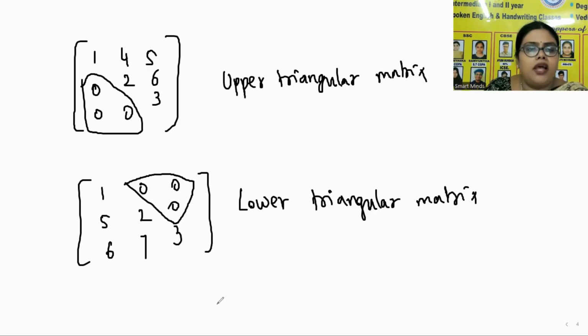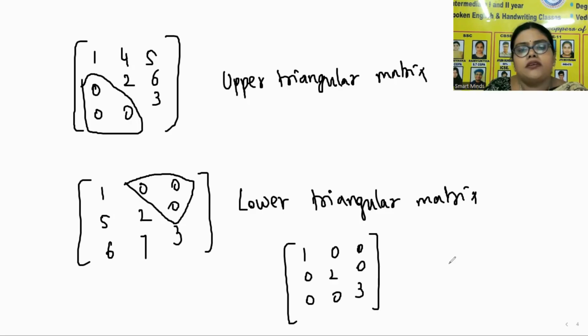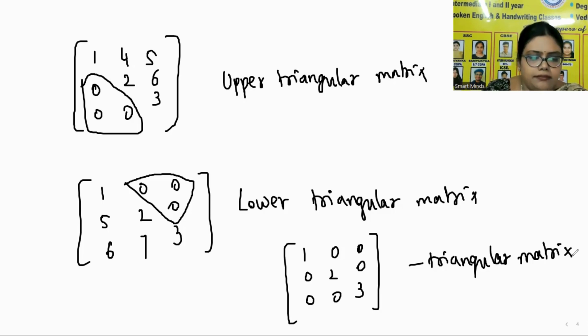And suppose the diagonal is 1, 2, 3, and above also you have zeros, below also you have zeros. This is simply called a diagonal matrix.